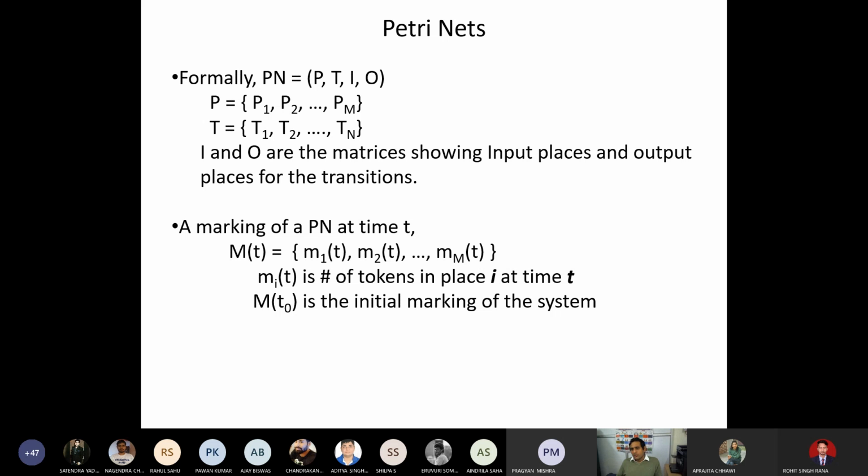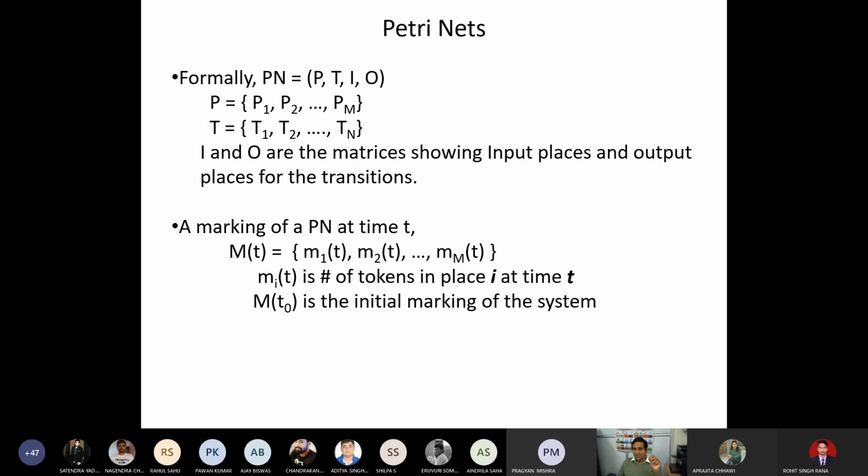So you can think of drawing a matrix, an m by n matrix. Row-wise you can have places, and column-wise you can have transitions. For a particular transition, which places are the inputs?